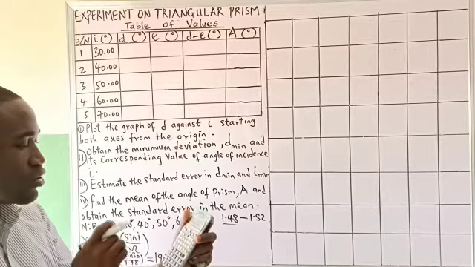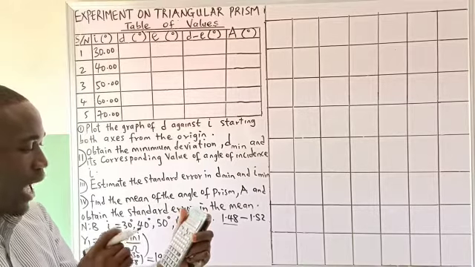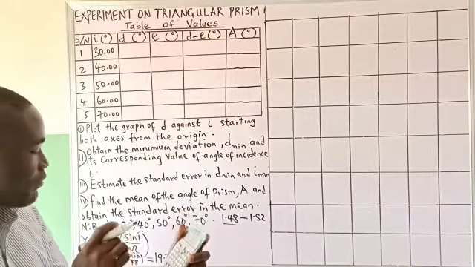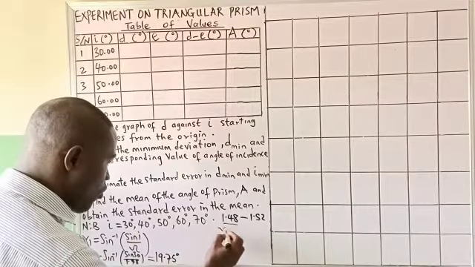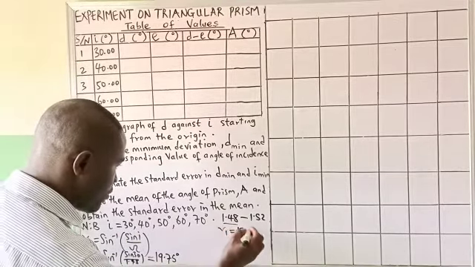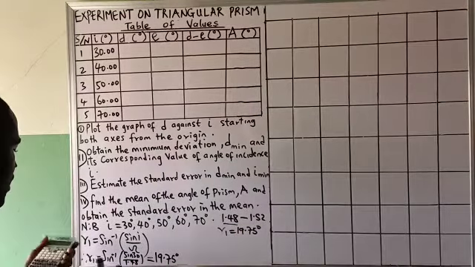That will be giving you 19.745191. I will approximate it to 19.75, that is to 2 decimal places. I will now have my R1 to be equal to 19.75 degrees.